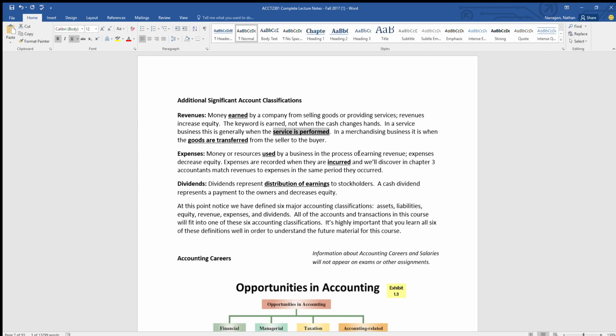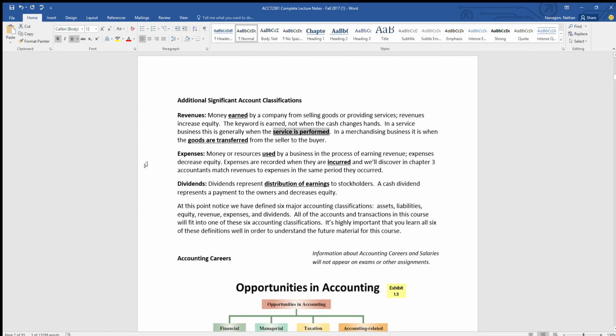Okay? This is also when goods are transferred, anytime that we've earned anything. Merchandising, which we have a whole chapter about, is goods that are transferred. So, something very cool there we're going to get into.